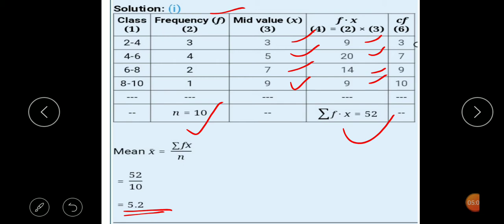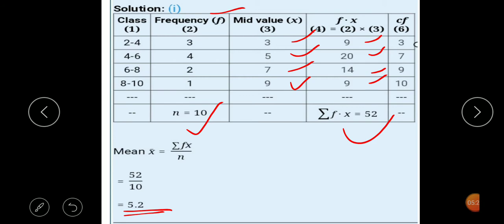One more thing we have made in this table, the last column, dear students, you are seeing the last column, that is CF. CF means cumulative frequency. Cumulative means the sum of all preceding observations.